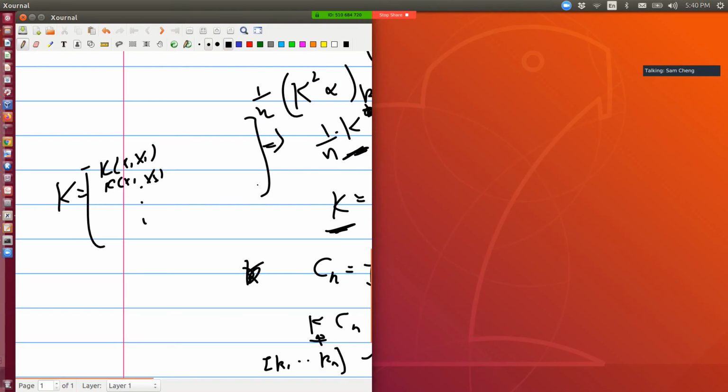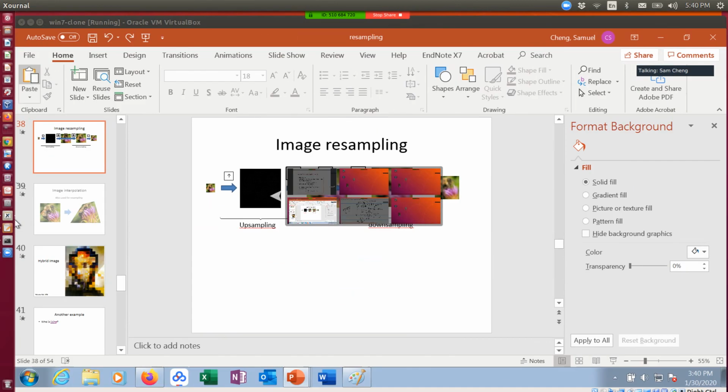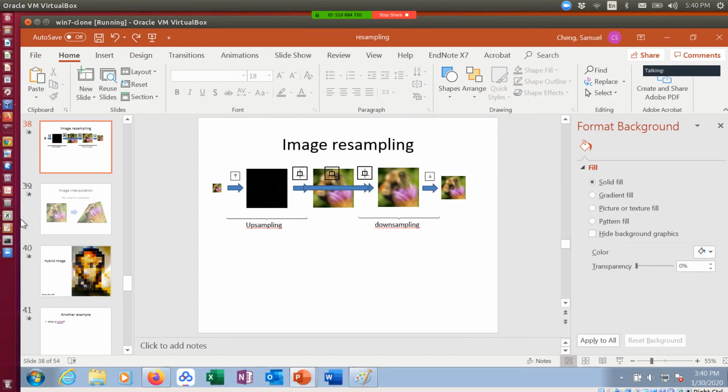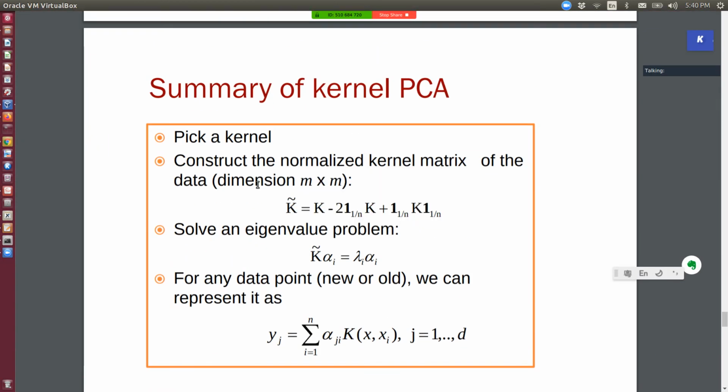So you have this kernel matrix there. Then you try to make it zero mean, as I mentioned at the end very quickly, you can make it zero mean using this. Then you solve the eigenvalue problem for K, and the eigenvectors will give you alpha.